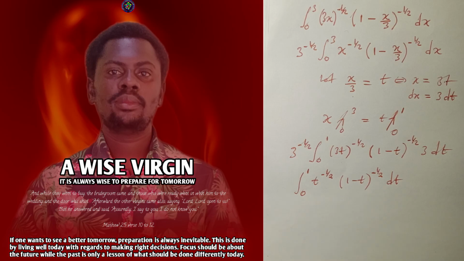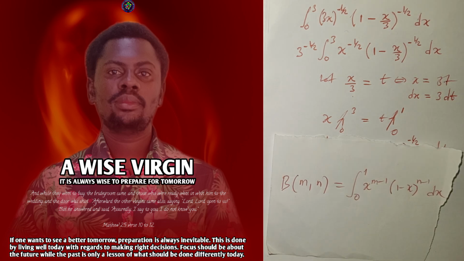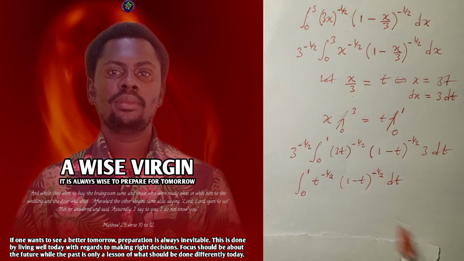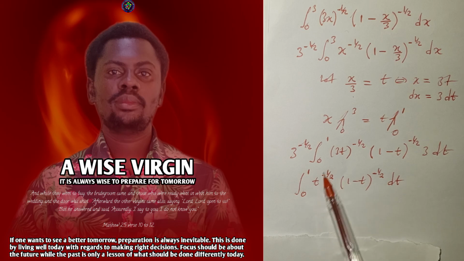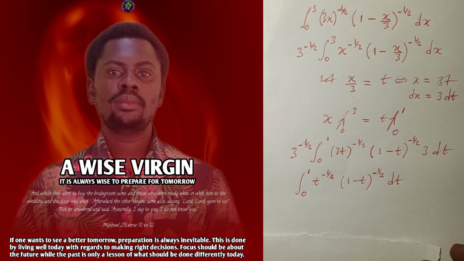If you look at this, this is the definition of a beta function. We are supposed to have x to the power m minus 1 and (1 minus x) to the power n minus 1. So this is similar, only that we have m minus 1 where there is minus 1 over 2, and here we have n minus 1. So we need to solve for m and n.